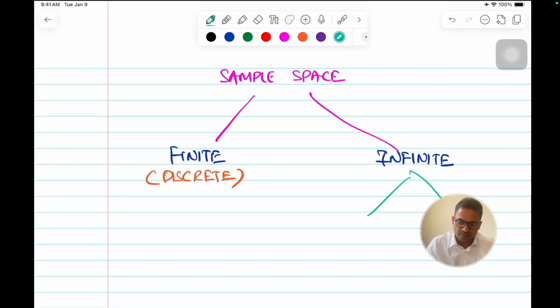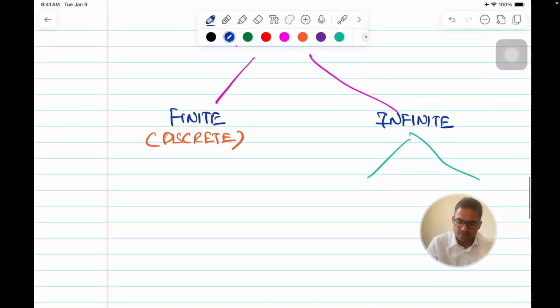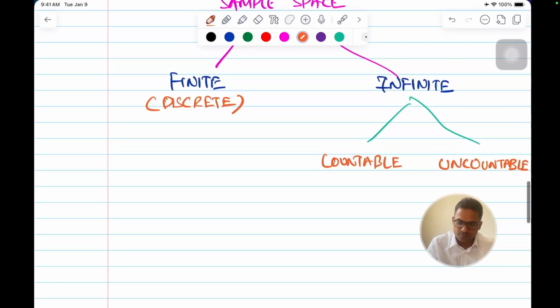then it can be either countable or uncountable. If it's countable, then we say that it's discrete, and the only case where it's continuous is when the possibilities are infinite and uncountable.